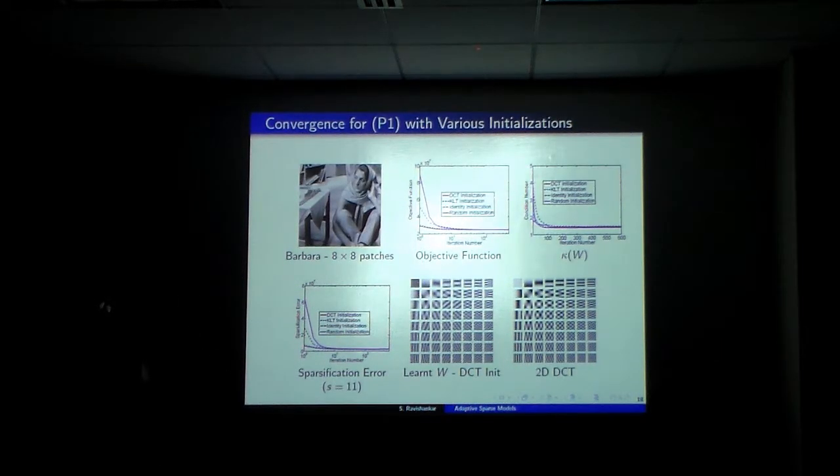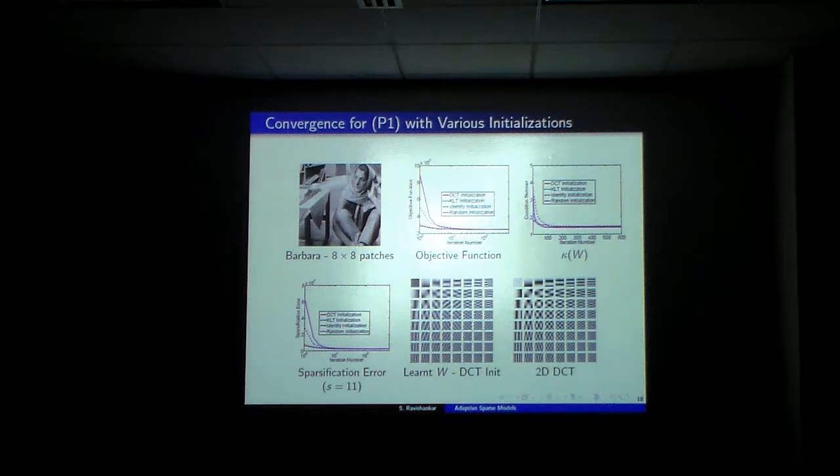Okay, so I had the local guarantee, which was the theoretical result, and we wanted to explore the practical behavior of this transform learning algorithm. For example, when you want to learn transforms for images like this well-known image, Barbara, and you want to learn a transform from 8 by 8 patches of this image at a certain sparsity level, for example 11, how does the algorithm behave?